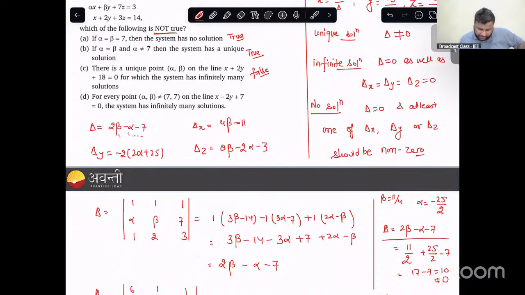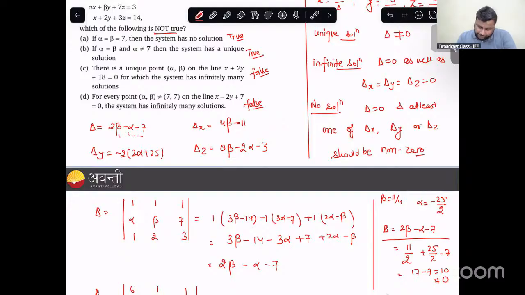Am I getting anywhere x plus 2y? D is definitely false. I'm very sure. D is false. For infinitely many solutions, delta x, delta y, delta z, and delta should be simultaneously 0.